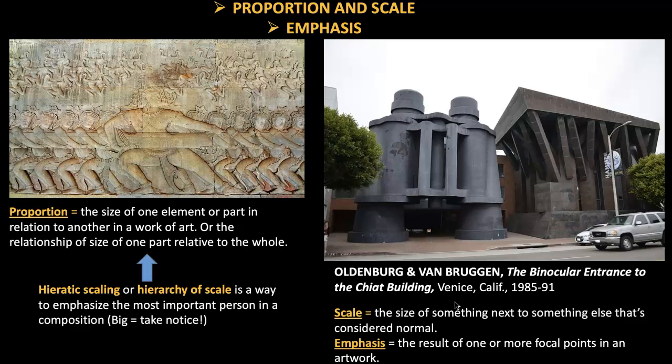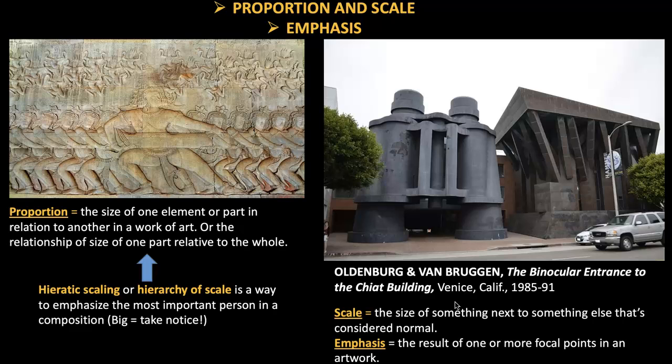Terms to consider for this one is scale. The size of something next to something else, that's considered normal. So if you look at the traffic on the boulevard that runs by the building, you can see an average size car. And then, of course, you notice the ginormous scale of the binocular entrance by comparing the two.